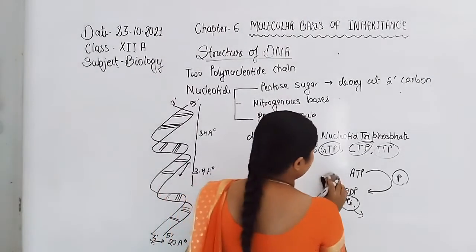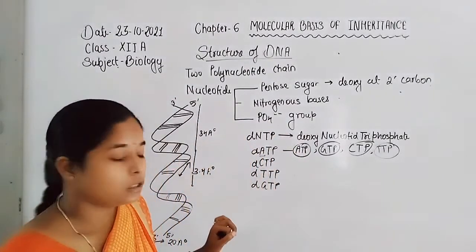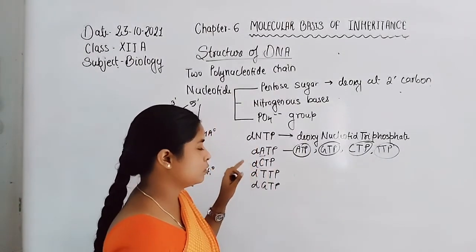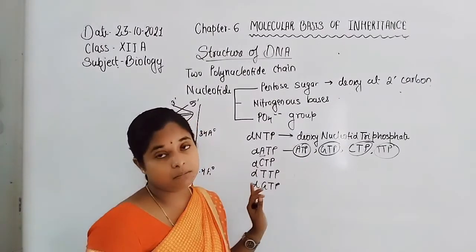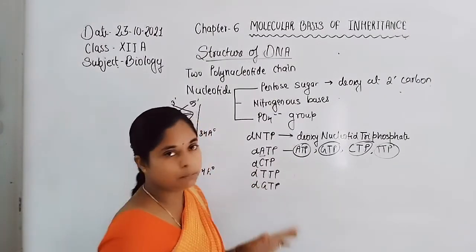If we talk about deoxy, that means adenosine triphosphate lacks the hydroxyl group at the 2' position of the pentose sugar in the nucleotide. That's why this is known as dATP.